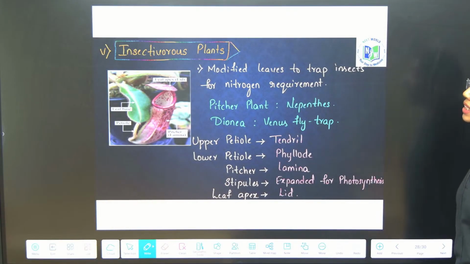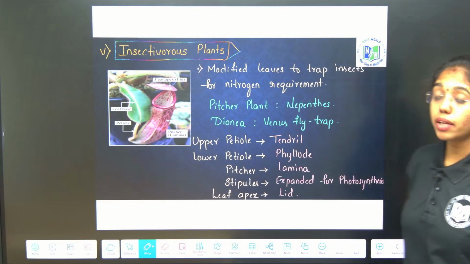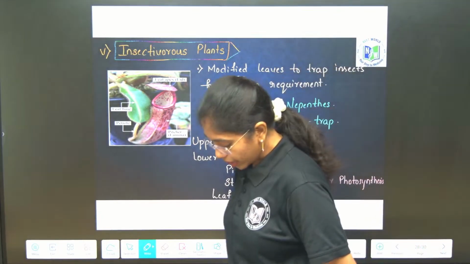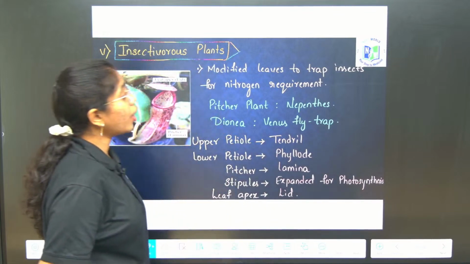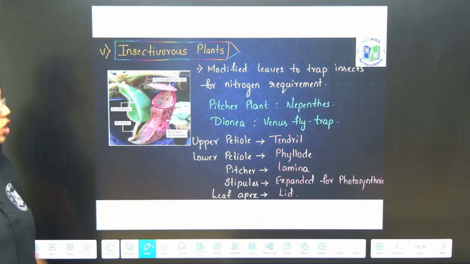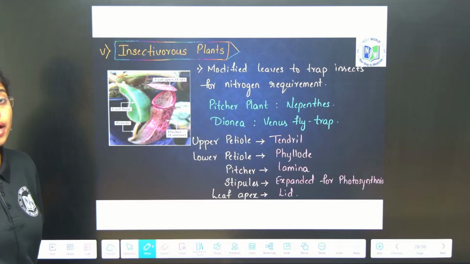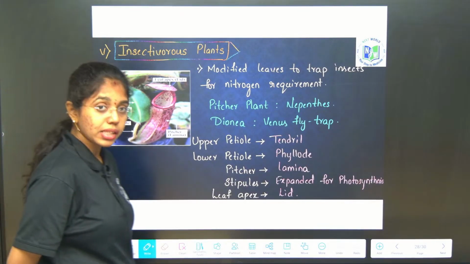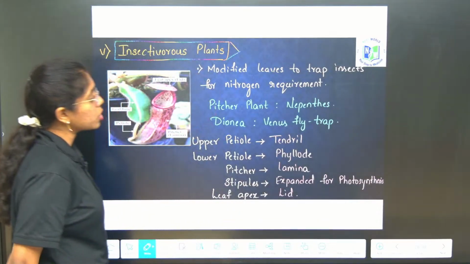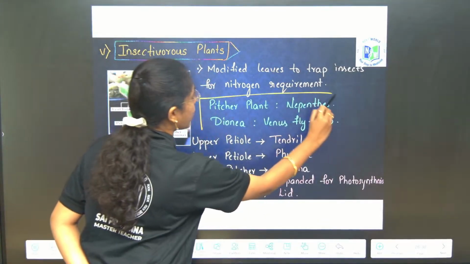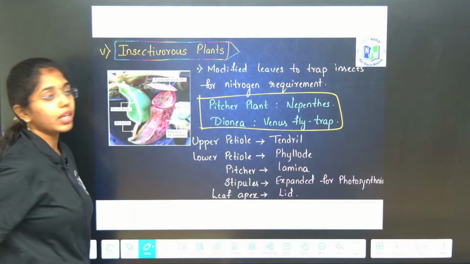And then insectivorous plants. Insectivorous plants, very important, wherein we have learnt in the plant kingdom and in biological classification also, under the kingdom Plantae, a few plants are insectivorous and parasitic, of which the best examples are the pitcher plant, that is Nepenthes, and Dionaea, Venus flytrap.